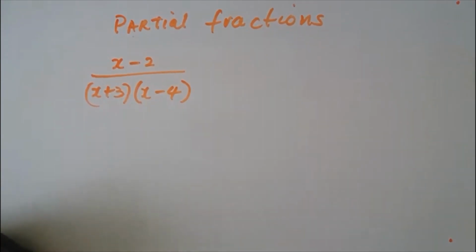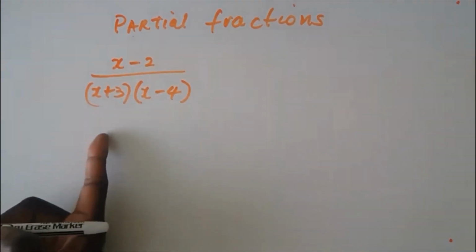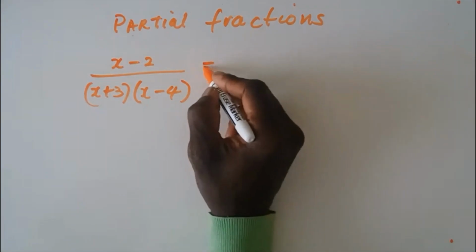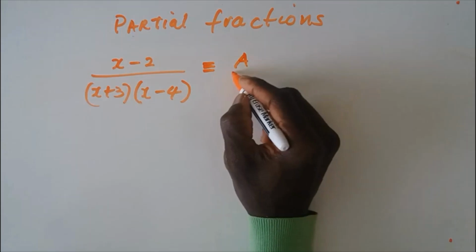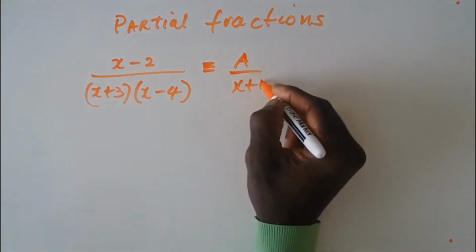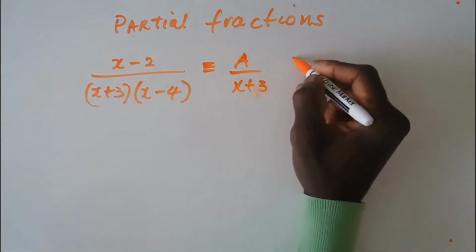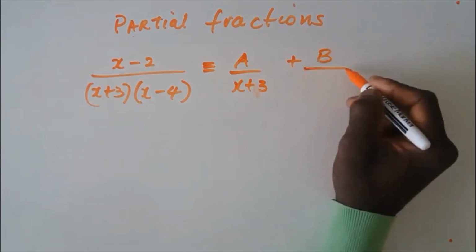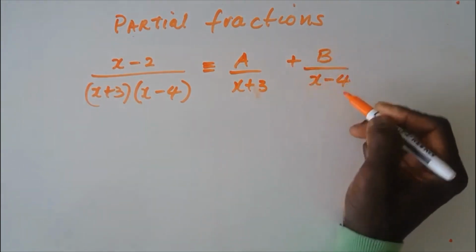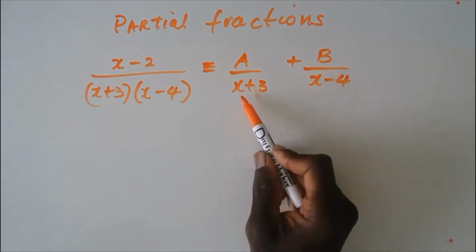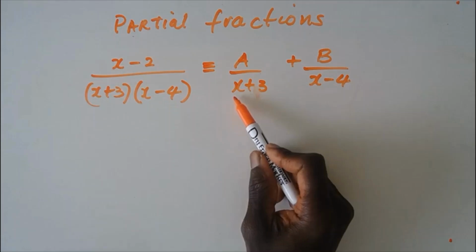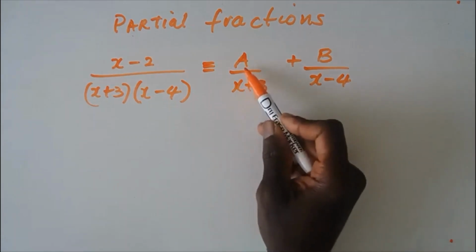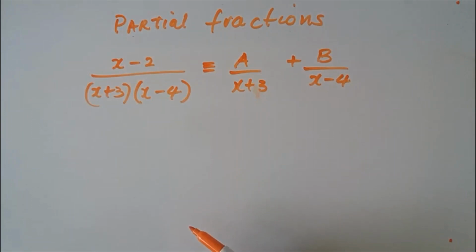Here's another example. This is our function on the left, and we can express this in partial fractions. We use constants a and b. These constants are determined based on the power of our unknown x here. As a single power, so our constants will be just simple constants a and b.